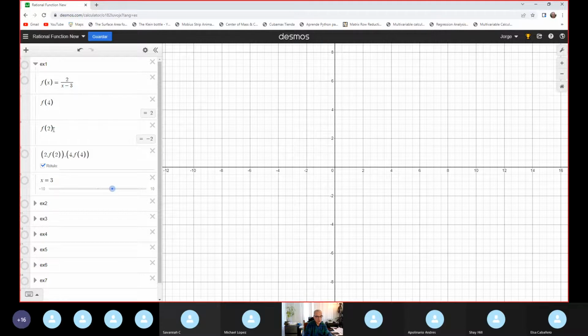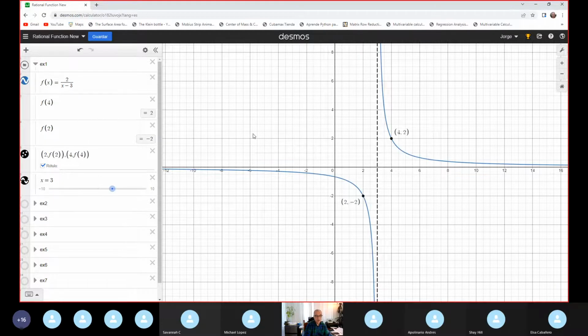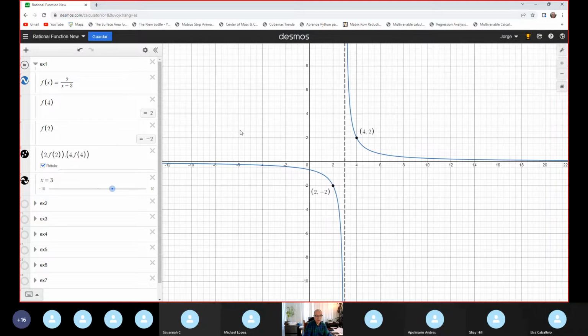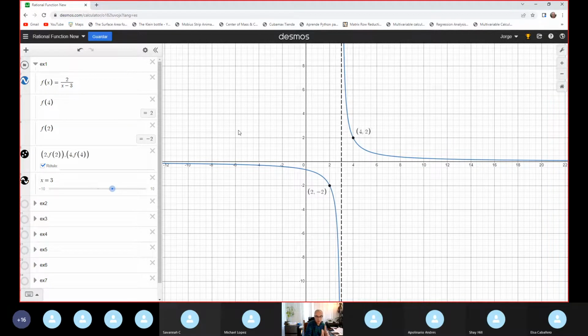You allow Desmos to compute the y value by itself. You indicate function notation, f at 2, f at 4, and you get a beautiful answer. Let me show you. In this case, obviously, the graph you are watching now is a rational function whose domain is all real numbers except 3.